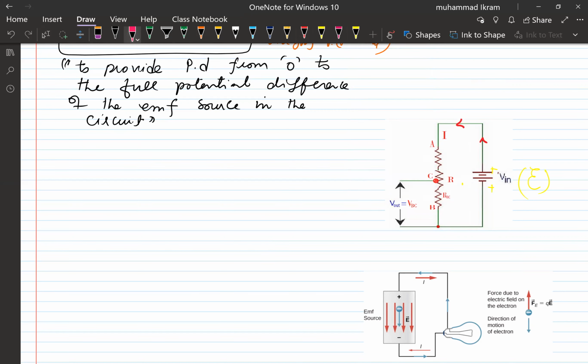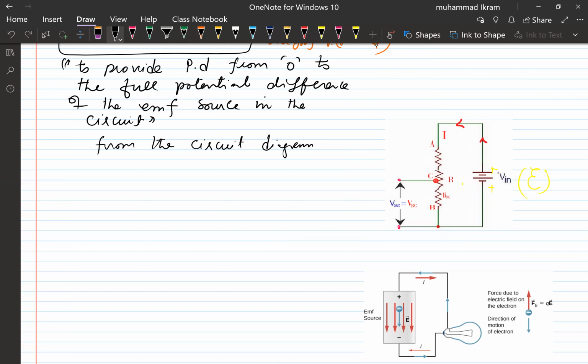Now you see that it is the sliding contact, the point C. As you move C, RBC changes, and when RBC changes, the potential difference across these endpoints also changes. How?